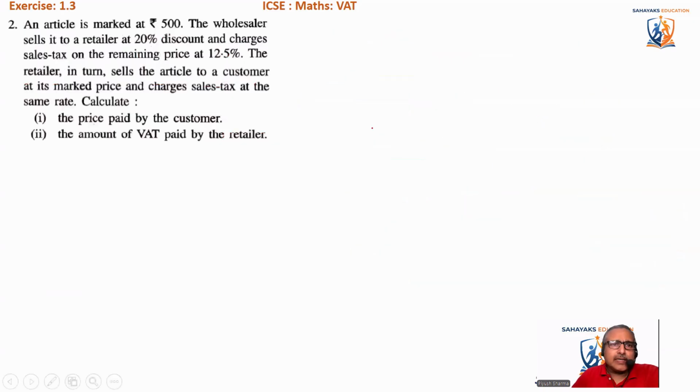An article is marked at rupees 500. Okay, it's a marked price. Marked price is equal to 500 rupees. The wholesaler sells it to retailer at 20% discount and charges sales tax on the remaining price at 12.5%. So first of all, what is the price at which he sold it? Sold it means without the sales tax.